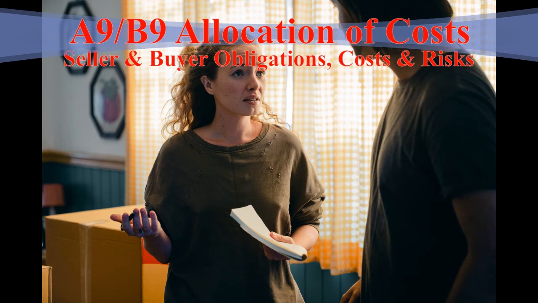B9 allocation of costs, buyer. The buyer must pay all costs related to the goods after they have been delivered, unless the seller has paid them under A9. The buyer must reimburse the seller for any costs and charges related to assistance in obtaining and providing documents relating to transportation and insurance, delivery and transportation documents, and export or import clearance.